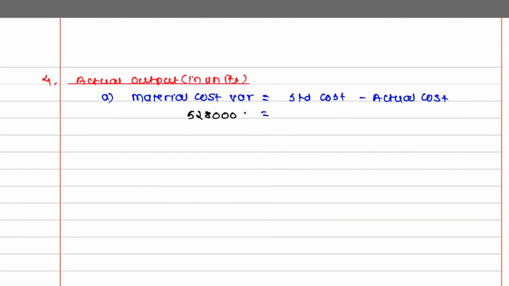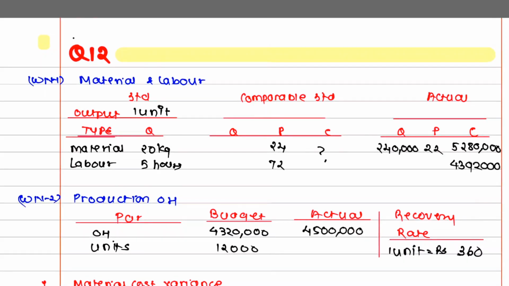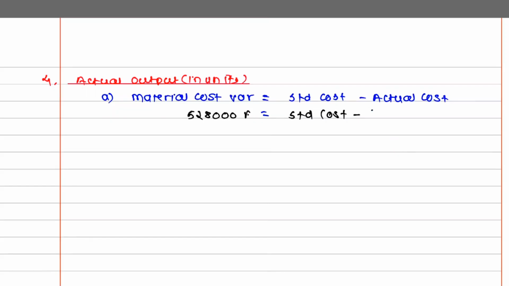Okay. Do I know the standard cost? No, sir, I don't know. That is what I need to calculate. Minus, do I know the actual cost? Yes, that is 52 lakh 80,000. So in that case, it will be added. 5 lakh 28,000 plus 52 lakh 80,000 is equal to your standard cost.